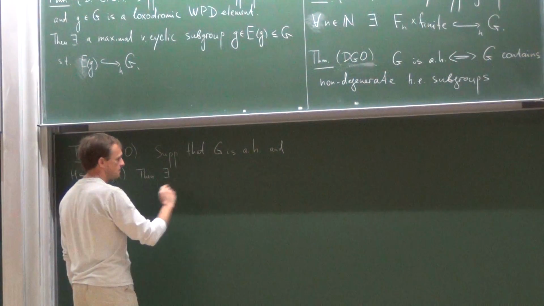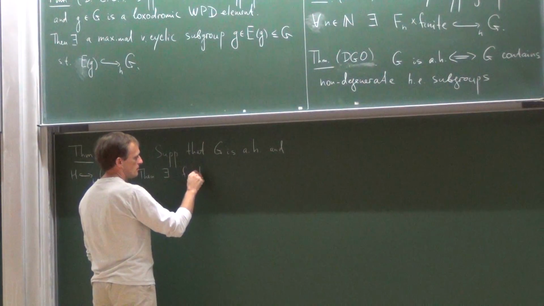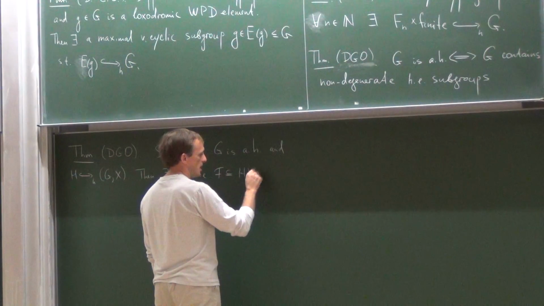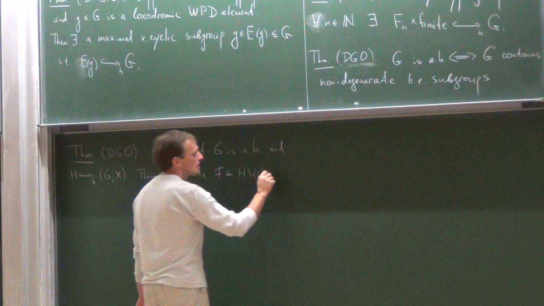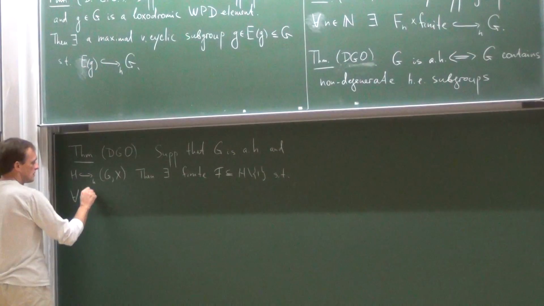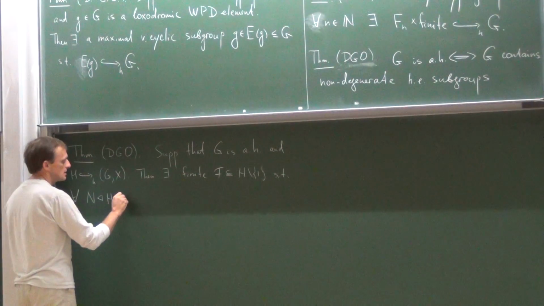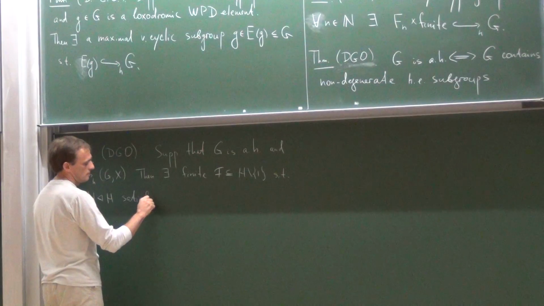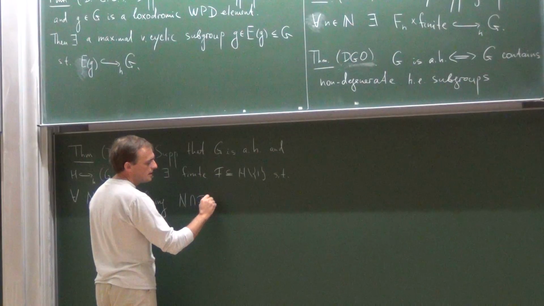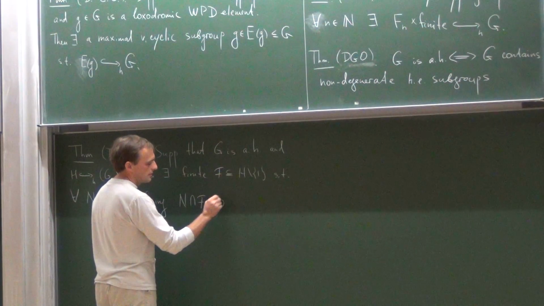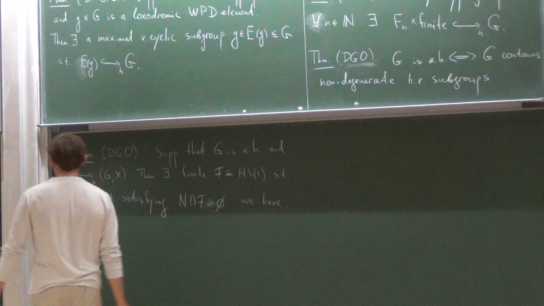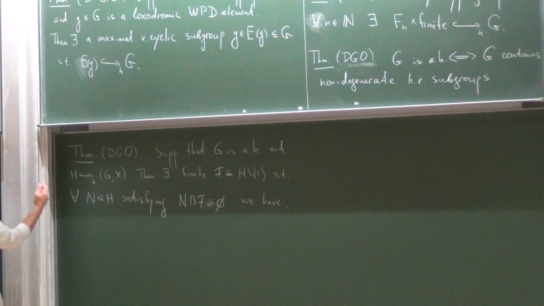Then there exists a finite subset F of H minus the identity element such that for every normal subgroup N in H satisfying N intersects F trivially, we have the following. Let me first state the theorem and then we will discuss it.